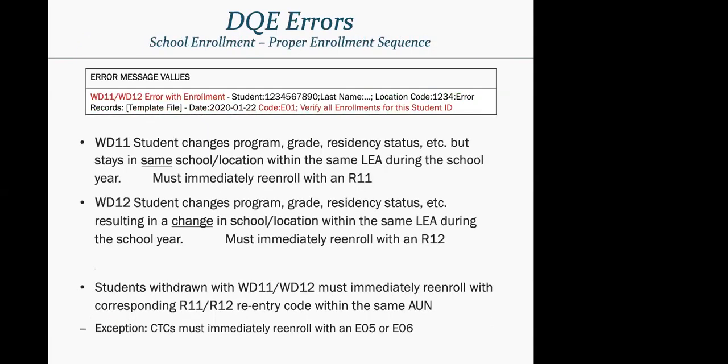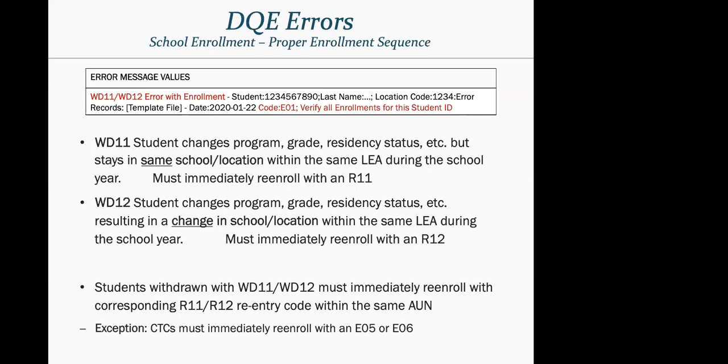WD11 and WD12 are actually not withdrawal codes. They are change of status codes, if you will. And it's important to remember that, because you can't end with a WD11 or a WD12, because you are not ending an enrollment. You're merely indicating that something has changed. Your WD11 can be a program change, a grade change, residency status, but you are in the same school.